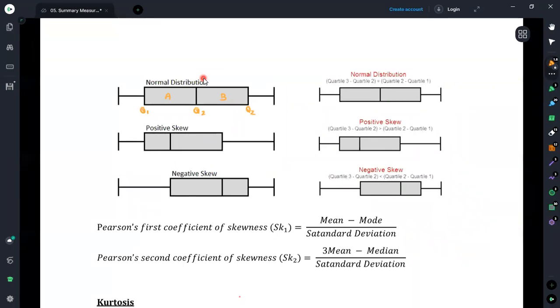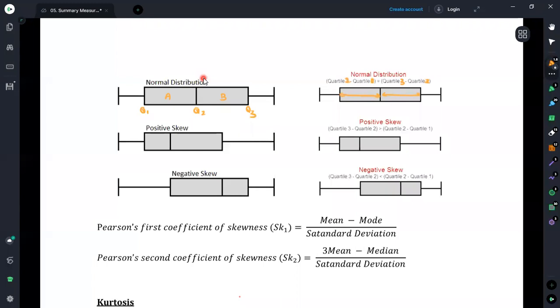The area for part A would be equal to the area for part B, and then such a distribution is a normal distribution. For a normal distribution, the distance between quartile 2 and quartile 1 would be similar to the distance between quartile 3 and quartile 2. Therefore, you can see equal distances between Q1 and Q2 as well as Q2 and Q3 if it is normally distributed.